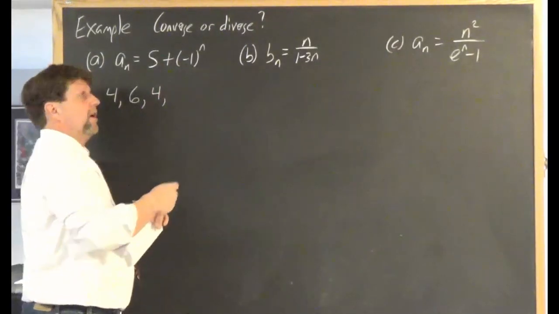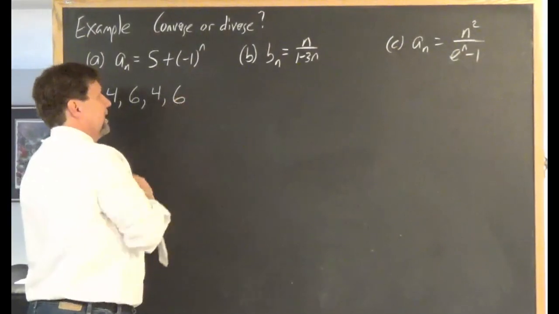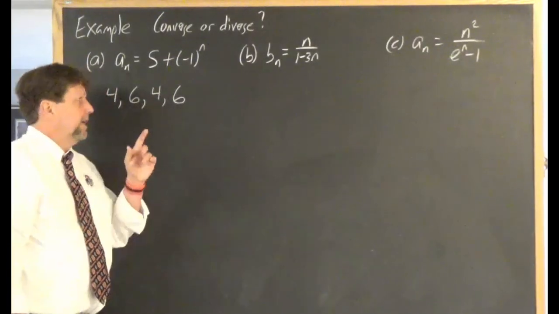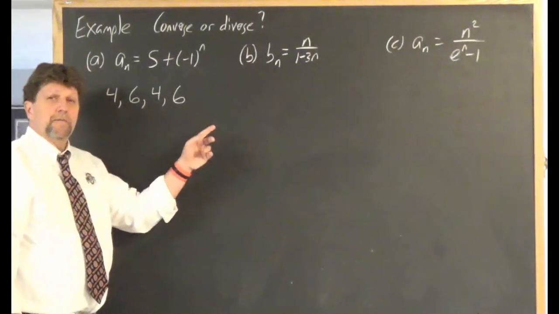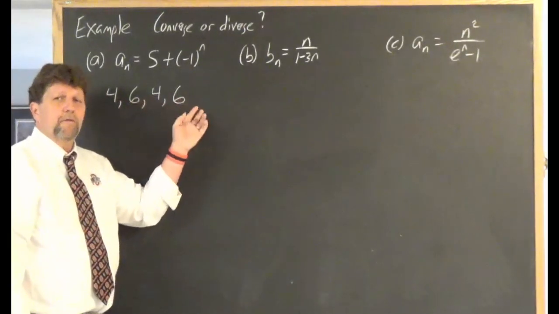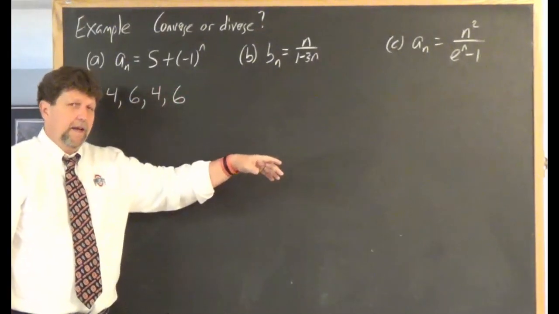If n is 4, -1 to the 4th is 1, so 5 plus 1 is 6. I'm detecting a pattern here. If I keep listing terms of the sequence, it's going to go 4, 6, 4, 6, and so on.